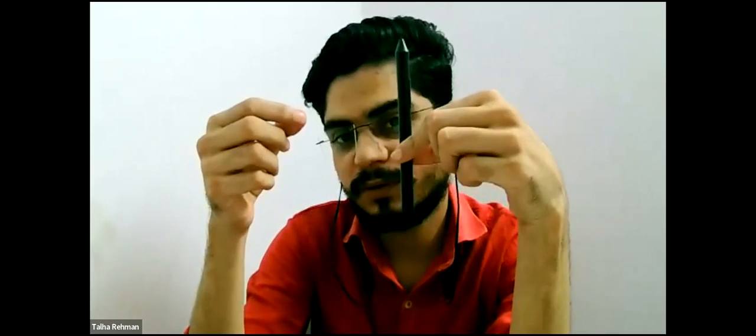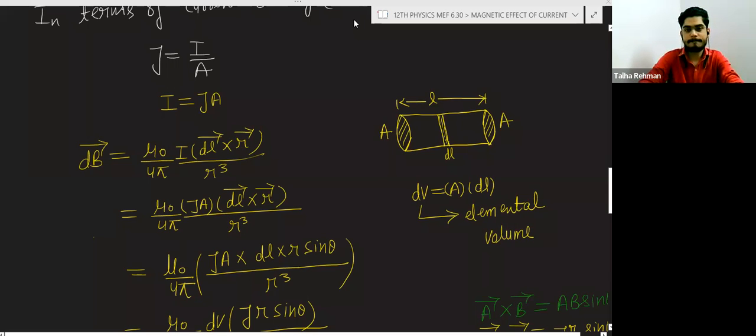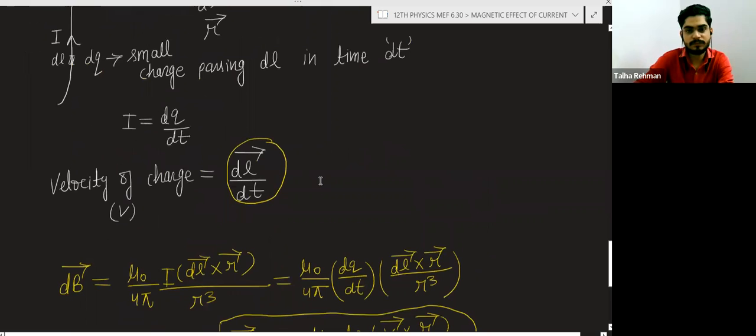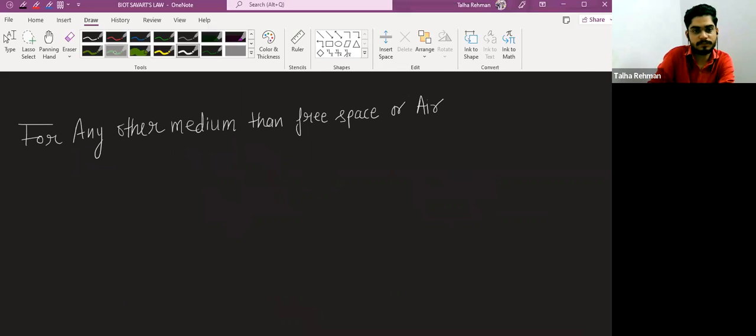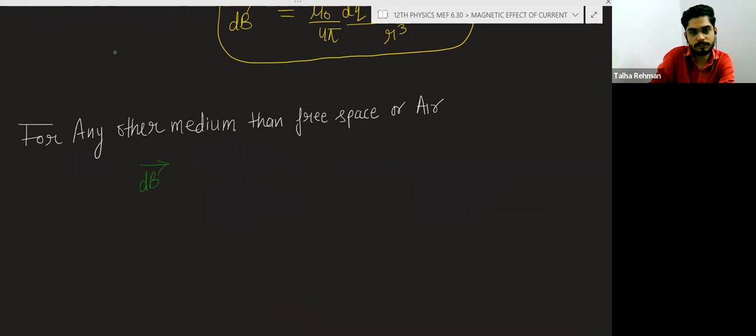Suppose this wire is in water, and there is a point inside the water where you want to calculate the magnetic field, then you will use this thing: mu naught into mu r, you will multiply with it mu r by 4 pi.